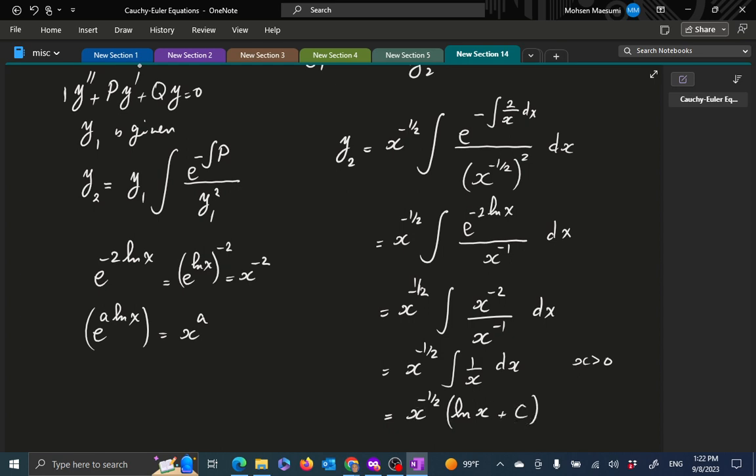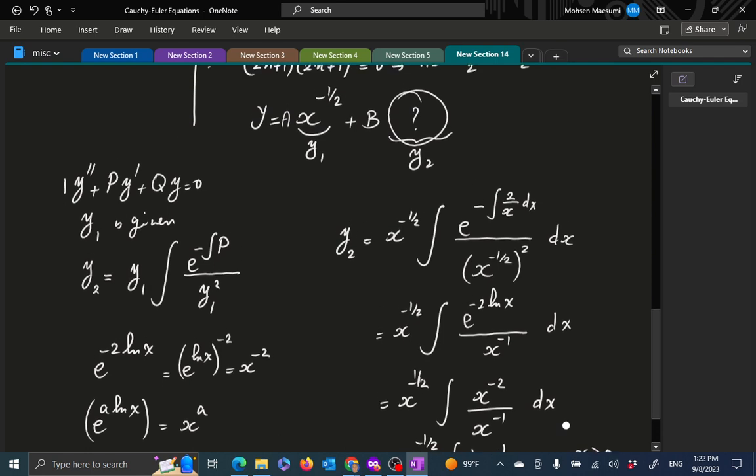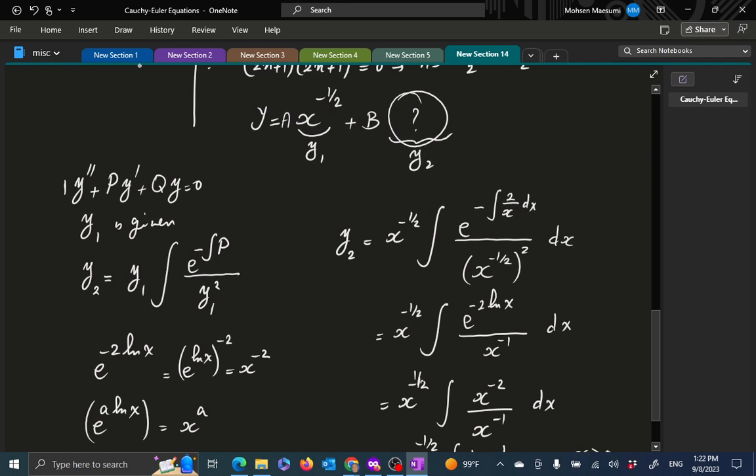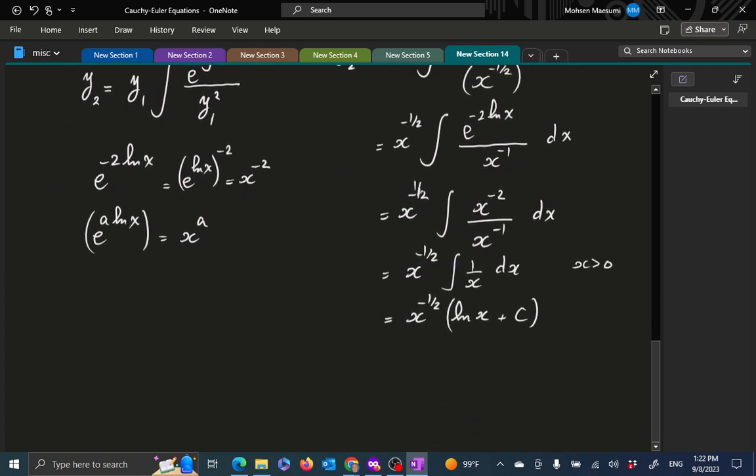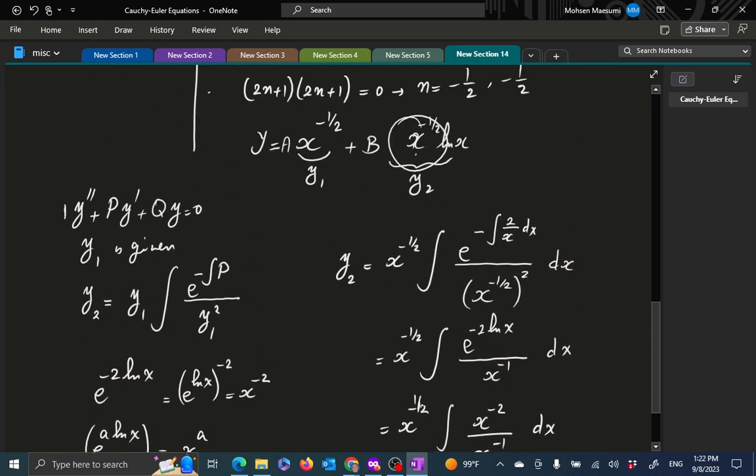C times that would be a copy of the solution that you had. Second solution that we were looking for is x to power of minus 1/2, whatever this one was, times logarithm of x. Why didn't I bother with the c times x to power of 1/2? I could have put it there, but I already have it here.